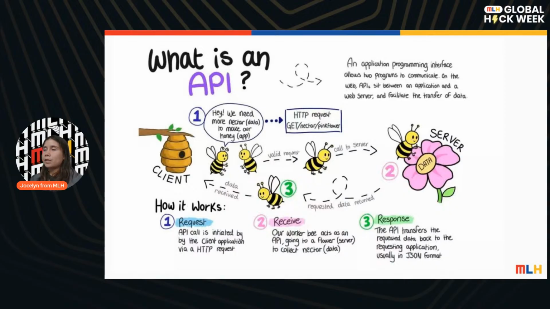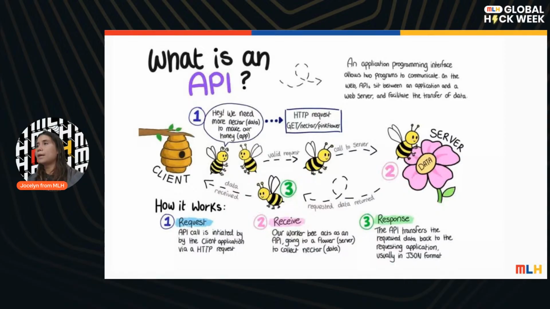So we have step number 1, we request the data. Step number 2, we fetch the data. Step number 3, we get a response. Then that response goes back all the way to the client. You can see the steps in here: request, receiving, response.